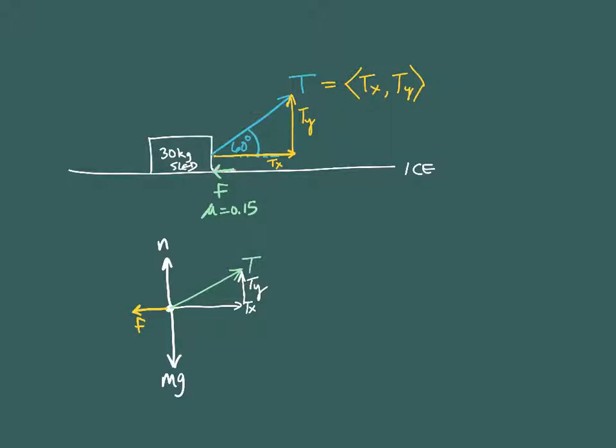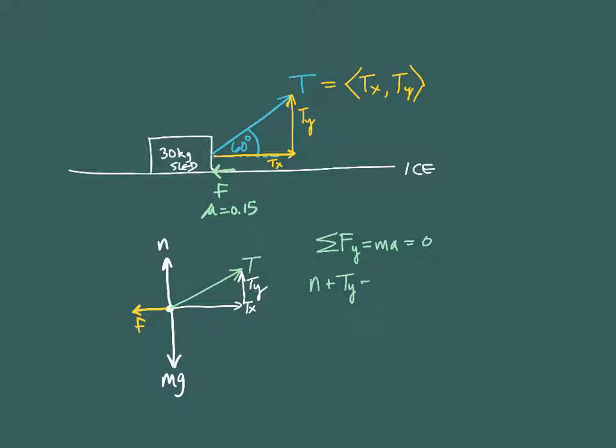So when we sum the Y forces, which are going to be zero, right? Because it's not moving in the Y direction. It's staying on level ground. So I know the sum of forces in the Y direction has to be zero. The ma is zero in that case. But I have an interesting thing here. I have the normal force up plus the Y part of the tension in the rope.